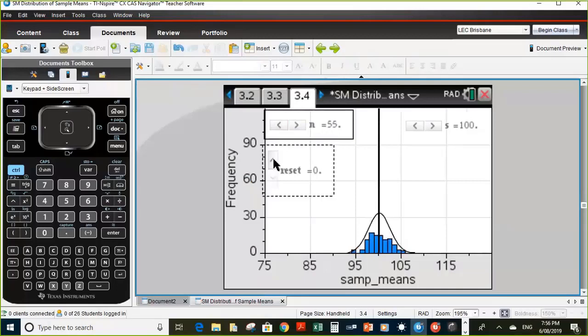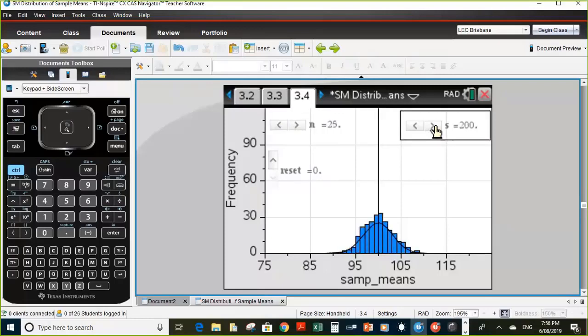While it's not part of this investigation, you can also look at the effect of the number of samples as well, and that also comes out quite nicely. And it's good to show the random fluctuations as well when you're increasing n and you're increasing s.